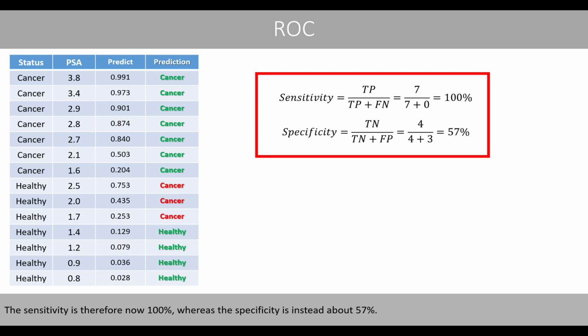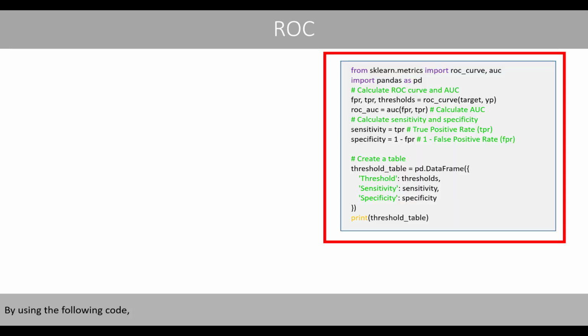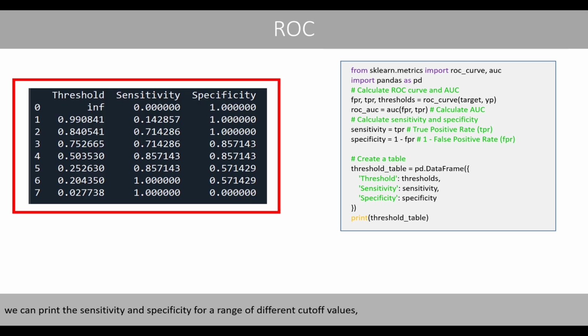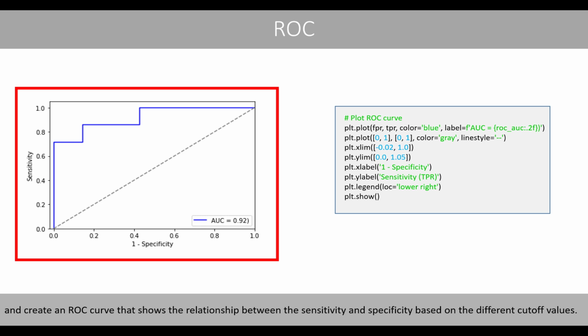The sensitivity is therefore now 100%, whereas the specificity is instead about 57%. By using the following code, we can print the sensitivity and specificity for a range of different cutoff values, and create an ROC curve that shows the relationship between the sensitivity and specificity based on different cutoff values.